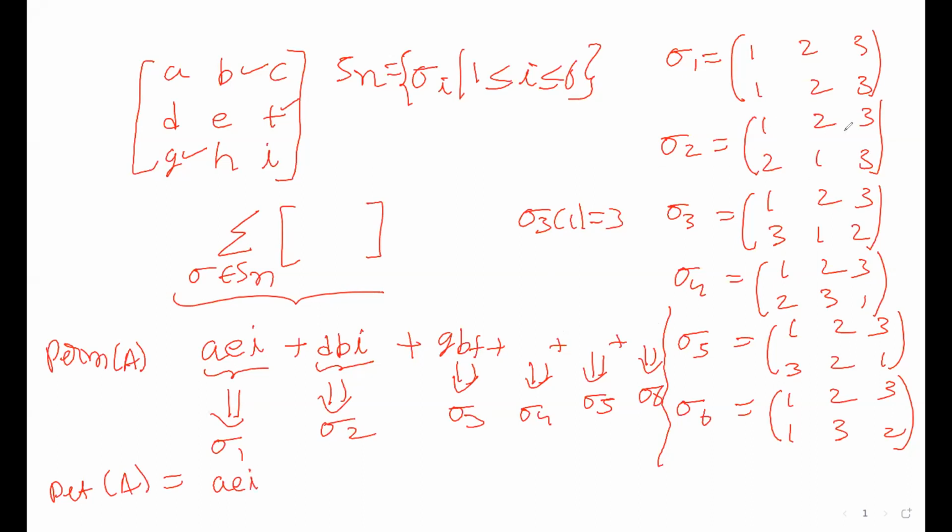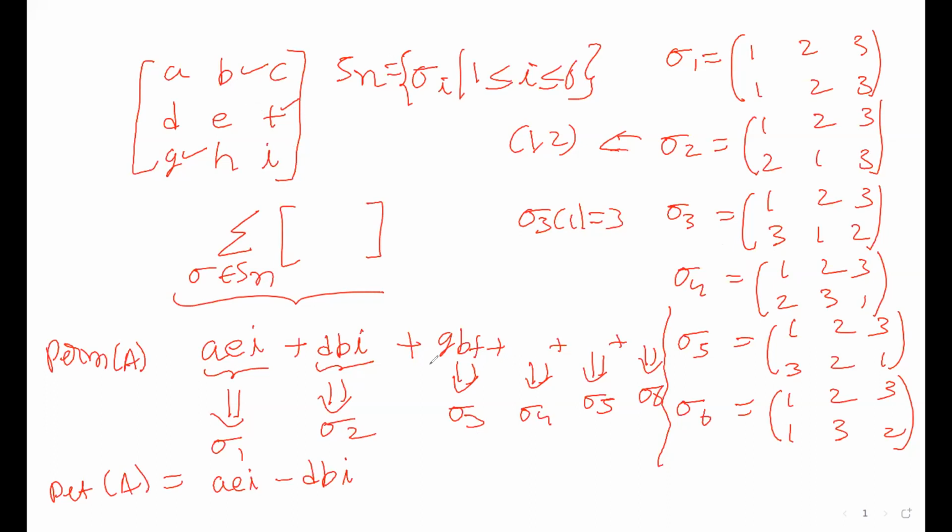But if you take 1, 2, 2, 1, this is equivalent to 1, 2. There is one transposition. So you get DBI. Okay, how about GBF? The third one, 1 goes to 3, so it should be 3, 1, 2. 3 is G. The product is the same, right? 3, 1, 2, GBF.